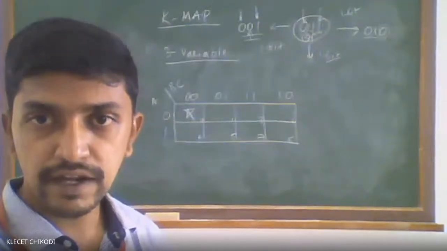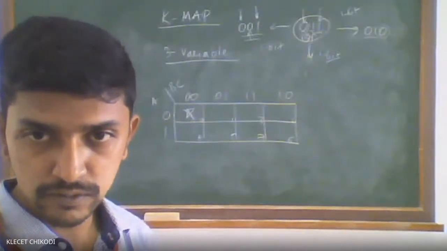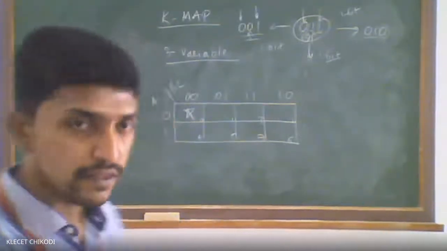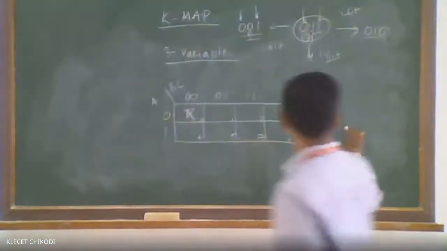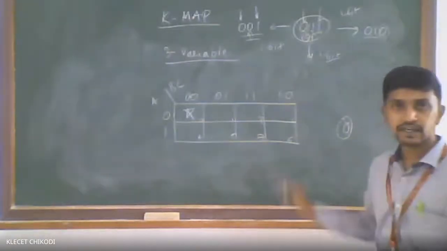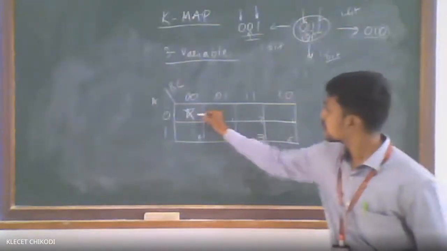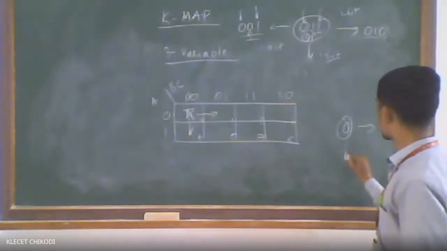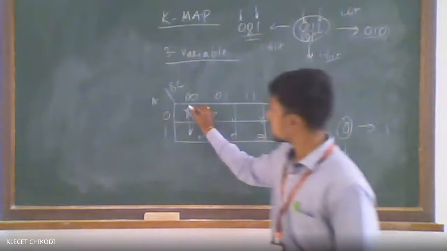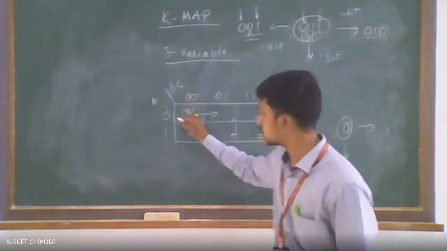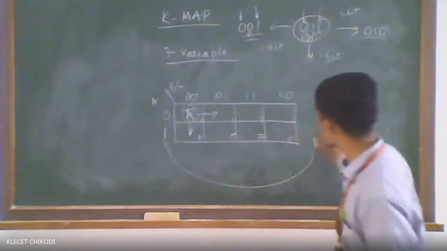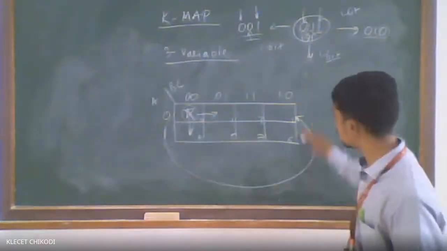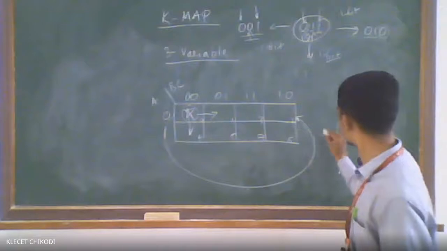Some people are writing 1, 4 and 2. Actually, for 0, the logically adjacent cells are, here it is 1, here it is 4. But this cell is logically adjacent to the second cell also.